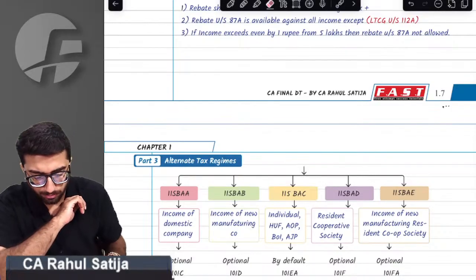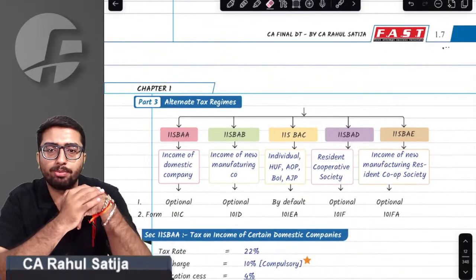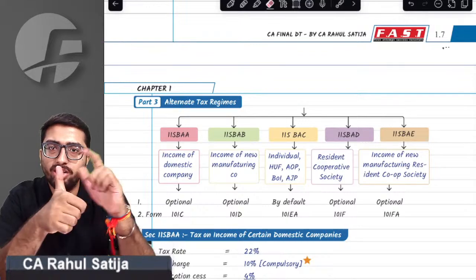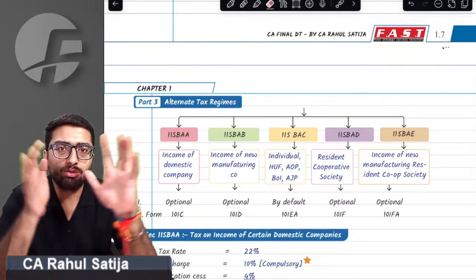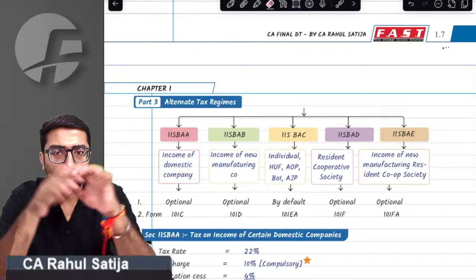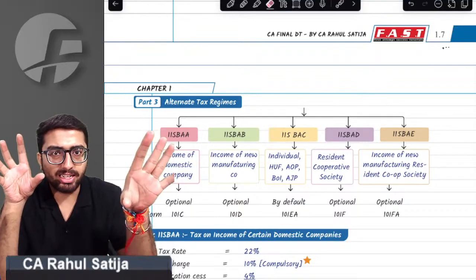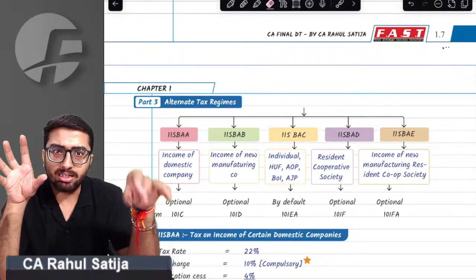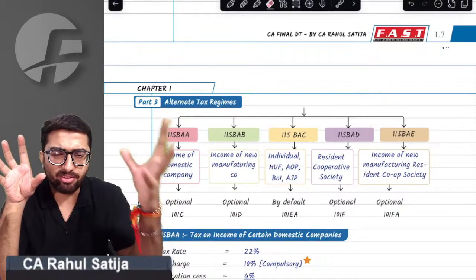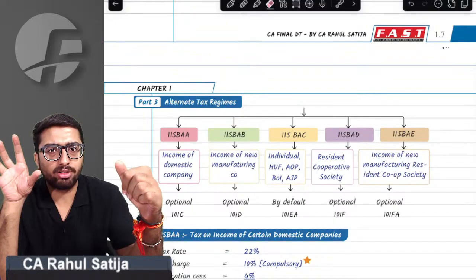So we got this point. What is this all about? See, on the very first day, I told you that we have two different types of tax rates. First of all are the special tax rates. All the incomes that are special in nature are taxable at their respective special tax rates. For example, we have capital gain, we have a specific tax rate for that.